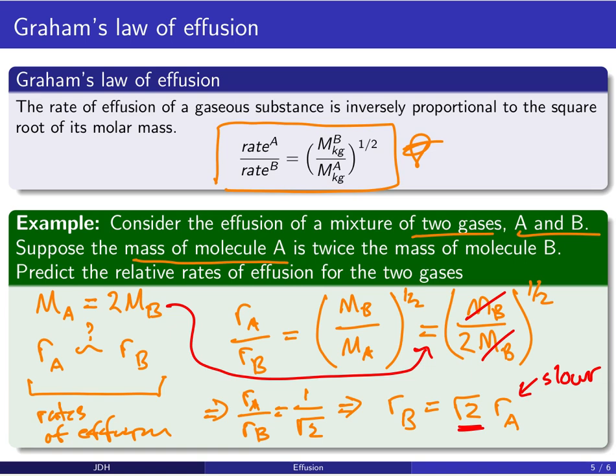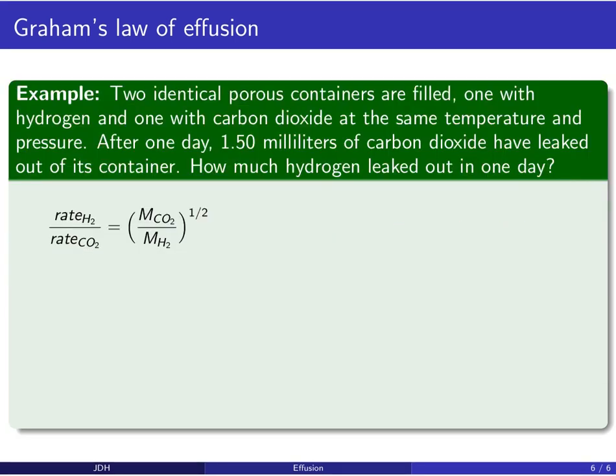Okay, so in one final problem for this mini lecture, what I want to do is a little more computationally intensive example of effusion, where we're looking at two identical containers. One of those containers is filled with hydrogen, and the other container is filled with carbon dioxide. They're both at the same temperature and held at the same pressure.